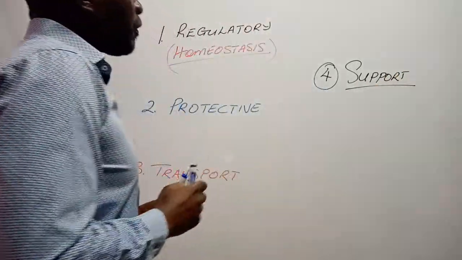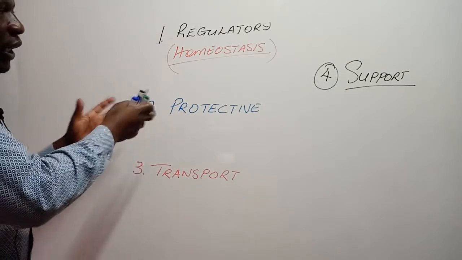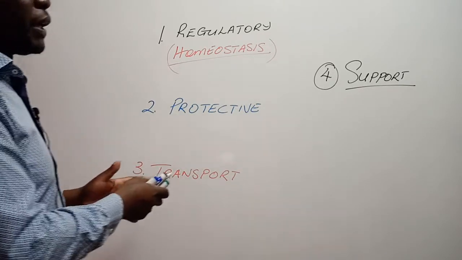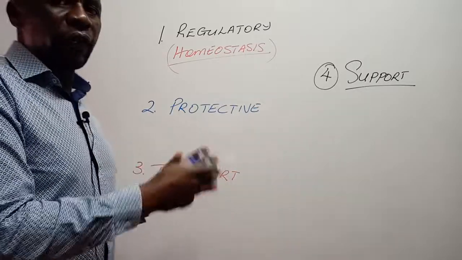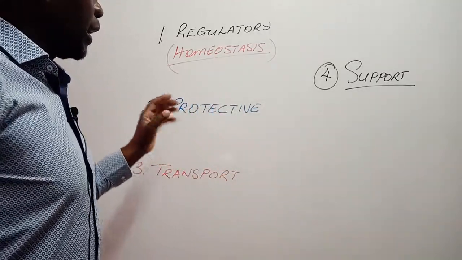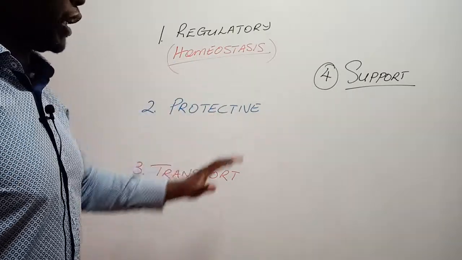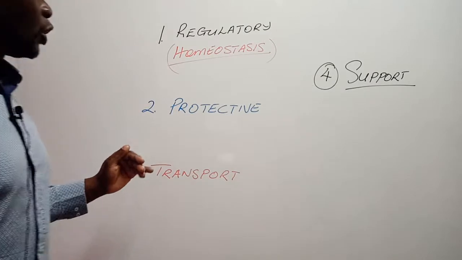So these are the four functions that blood plays in a human being. But these are not the only functions that blood plays. There could be more, but at this stage, these are the four that we are expected to know.